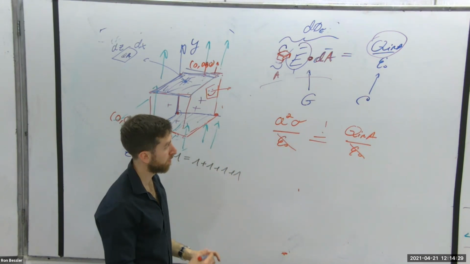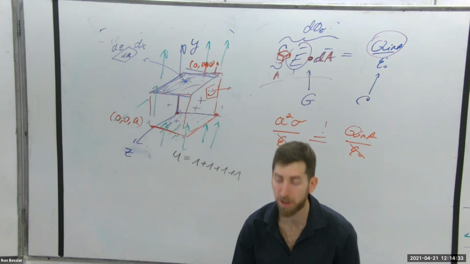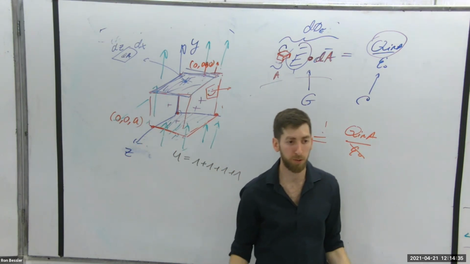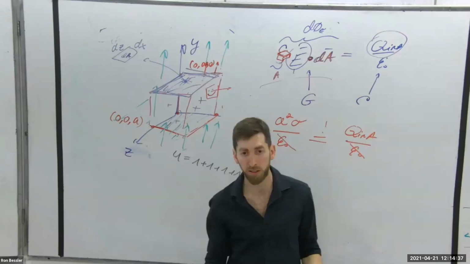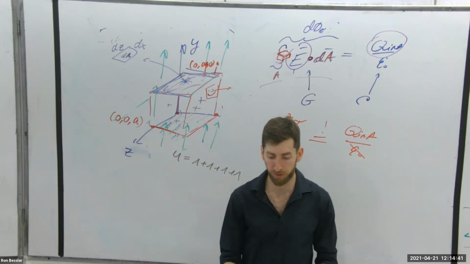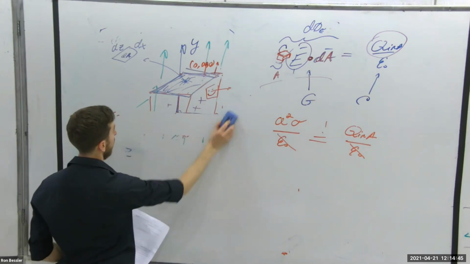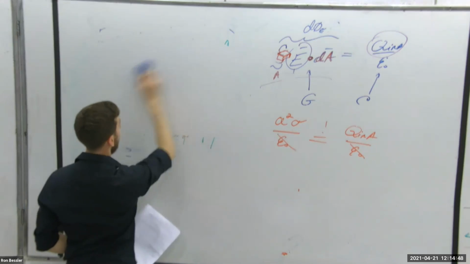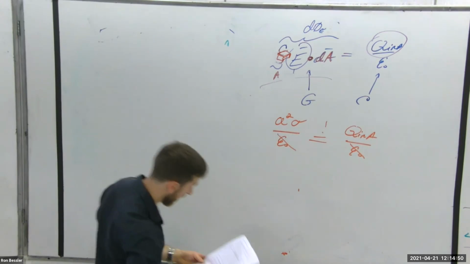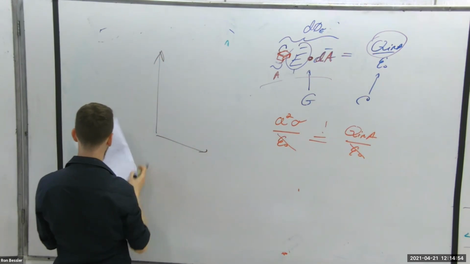Now I want to ask you a question. Did you care what made the electric field? We didn't need it. We just wanted to know what the electric field is. If you want to check it out, let's do it the same way.